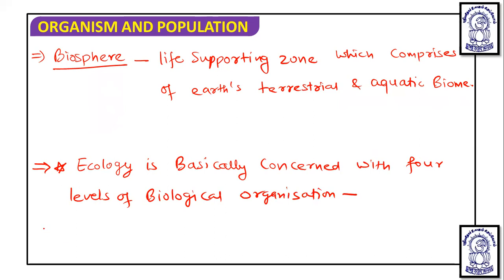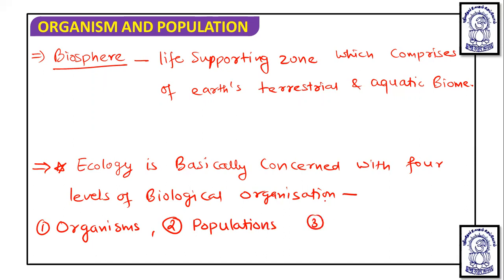These four levels are: number one, organisms; number two, populations; number three, communities; and number four, biome.